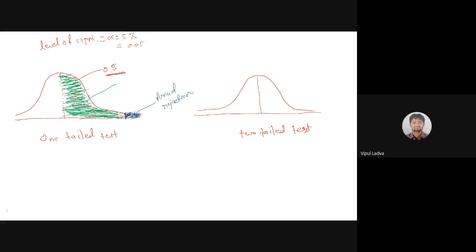That means we can accept that. So this green portion is area of acceptance. This blue area is area of rejection.